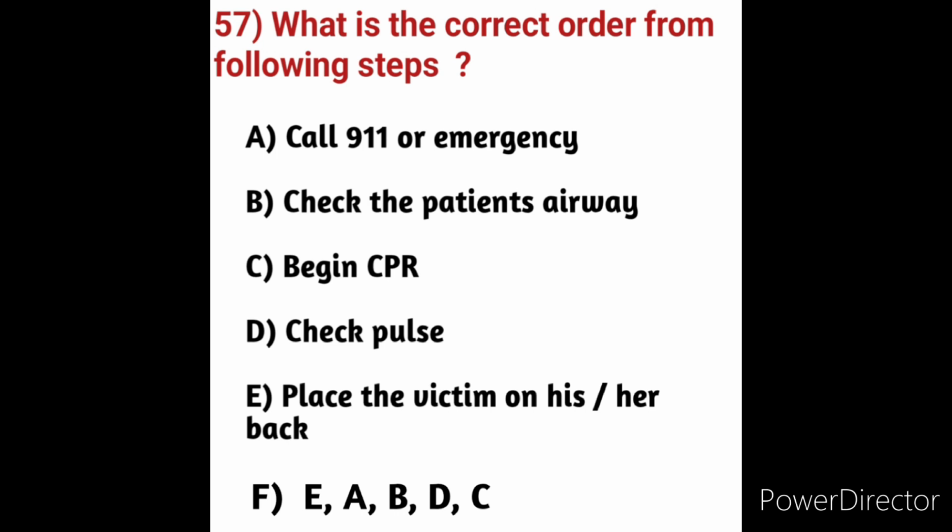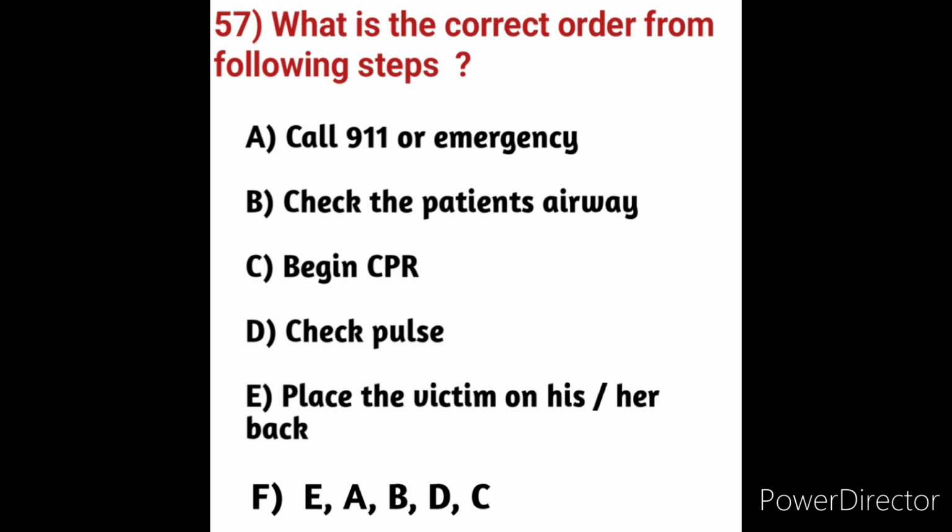When a person is suddenly unresponsive or unconscious, or anyone who has suddenly become ill, in that situation we have to follow these steps. Place the victim on his or her back, call 911 or inform someone about the situation.